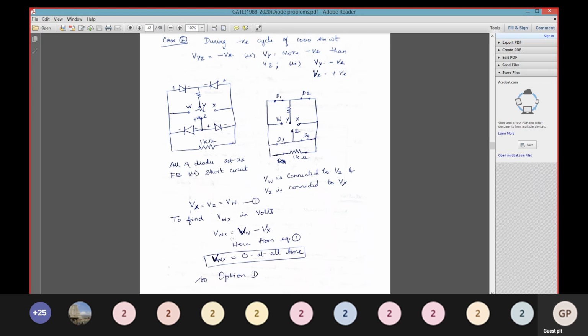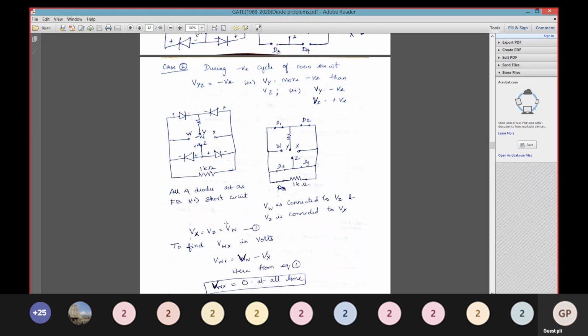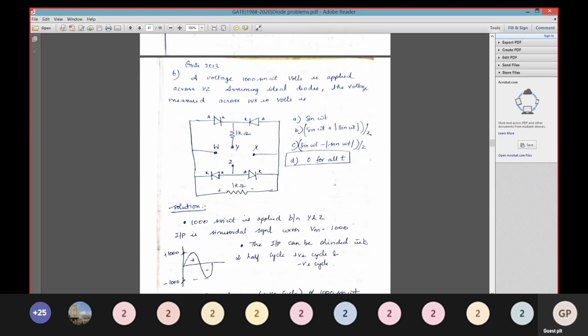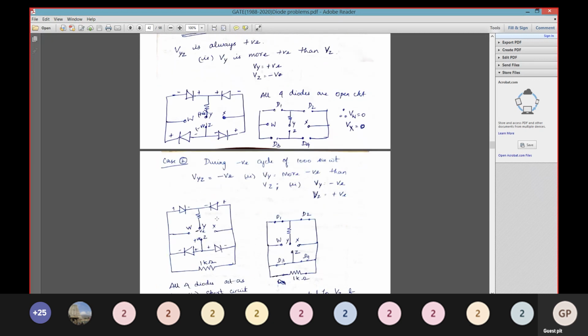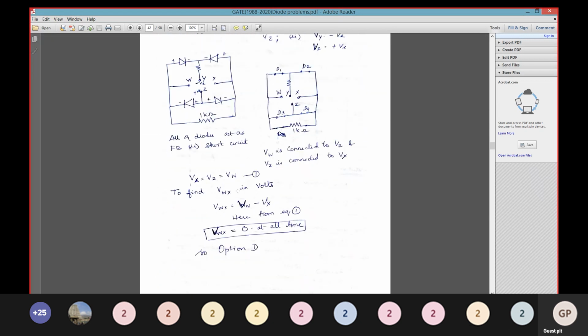So what voltage are they asking you to find? They are asking you to find the voltage between W and X. How can we write the expression? V_WX is Vw minus Vx. All are the same value, so obviously 0, at all times.